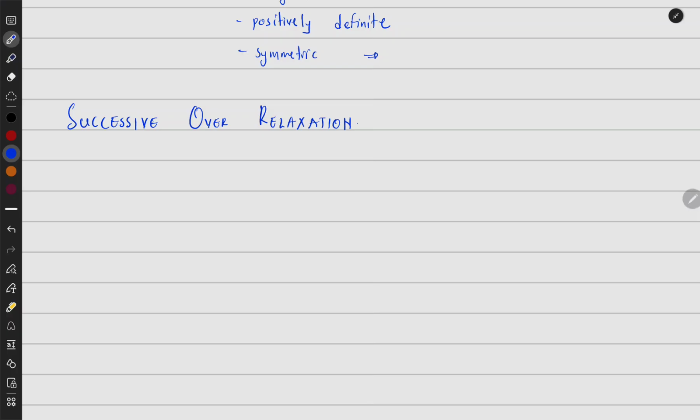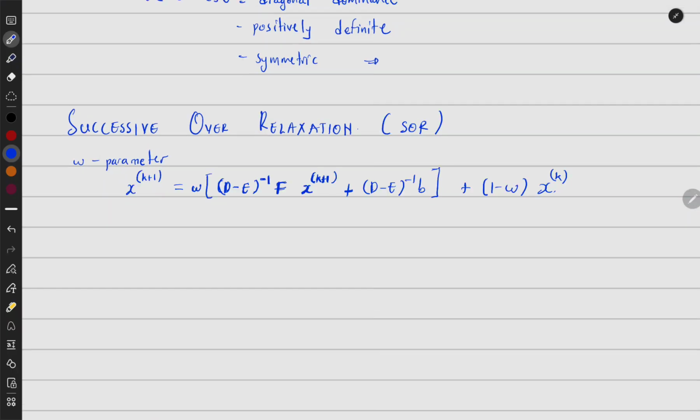Before I talk about convergence, let me first talk about the iterative method that arises from the Gauss Seidel method. We introduce a parameter, just like we have the Jacobi over-relaxation.